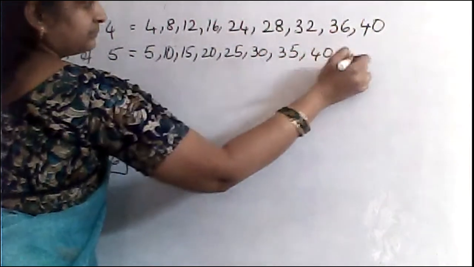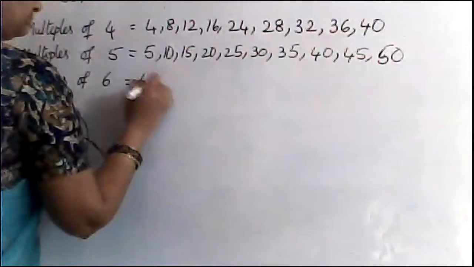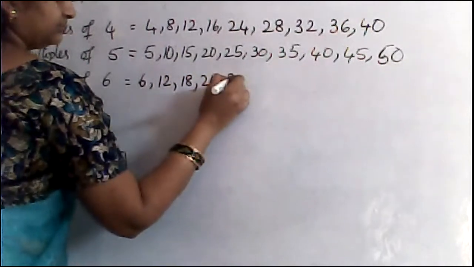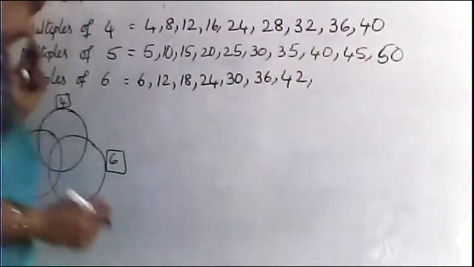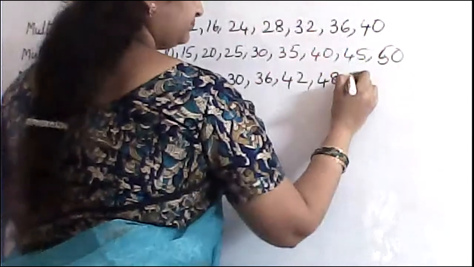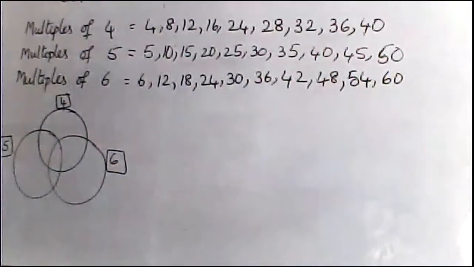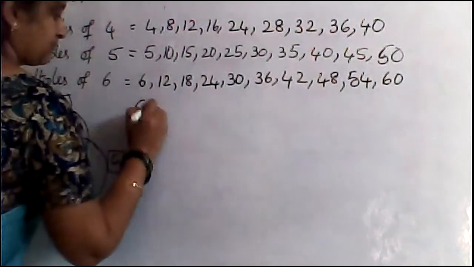Multiples of 6: 6, 12, 18, 24, 30, 36, 42, 48, 54, 60. Now we need to find the common multiple of 4 and 5 first.